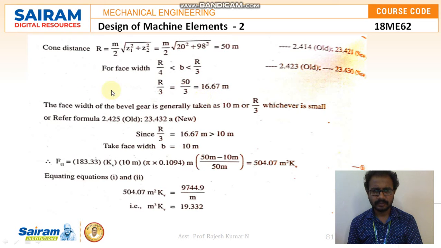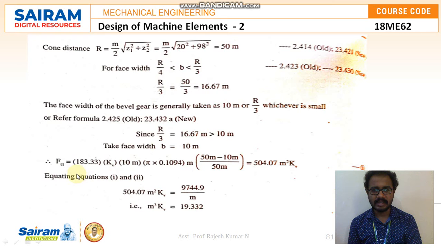So now I'll be going with the formula with the range which is given, r by 3, which is smaller. From 23.432a, r by 3 is equal to 16.67 module, which is greater than 10 module. So I'll be taking the face width as 10 module, because we cannot go with more than 10 module as per the conditions.